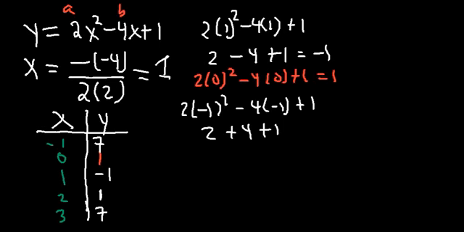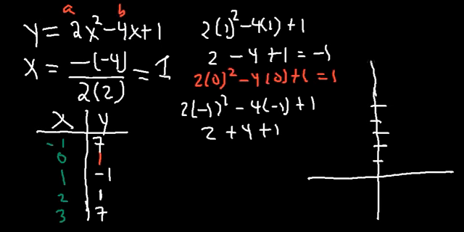Okay, so now let's make our graph. It's going to go up to at least 7. And most of our x values will be on the right side. So our vertex is at (1, negative 1), which is over here.